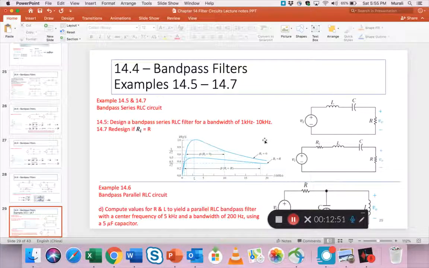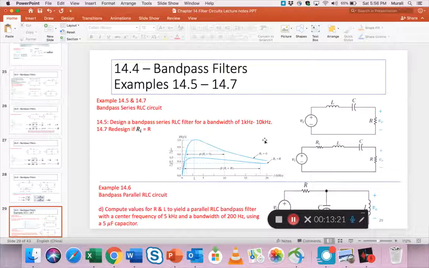Also bandwidth, same thing, instead of R by L, he just does R plus Ri by L. And similarly Q, which is omega 0 by beta, also just has R plus Ri. So everywhere where there is R, you make it R plus Ri. So that's the derivation, and it is in the chapter, so please take a look. It is in the example and become familiar.